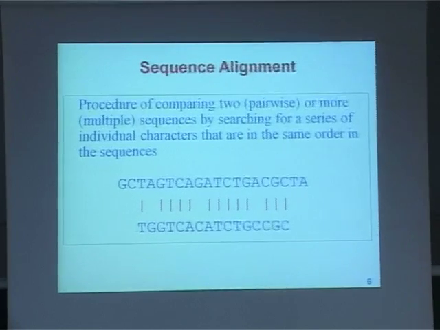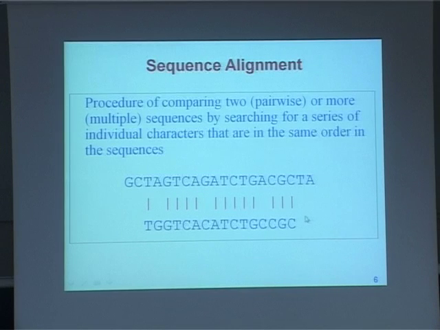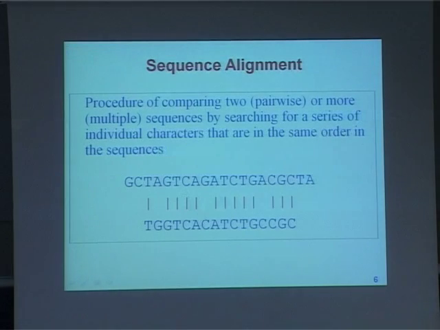But at the end, a final alignment is a one-to-one matching between the nucleotides, the base pairs of the DNA sequences, or amino acids of protein sequences. So our goal is to provide a matching, saying that the second T matches the second T in the second sequence. So this is alignment.